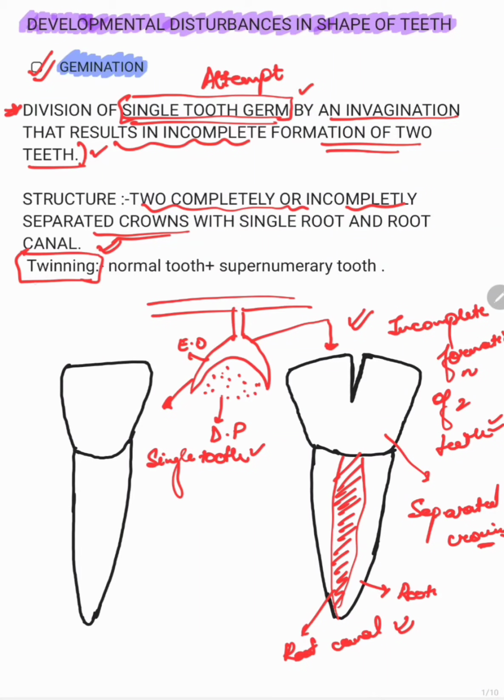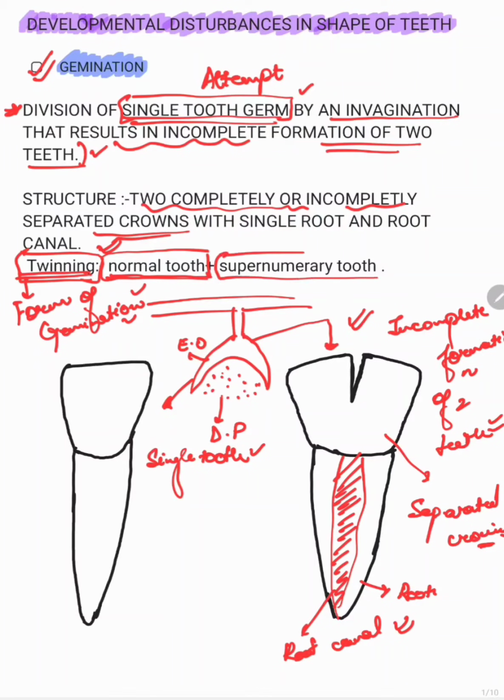Now the term twinning. Twinning is basically a form of gemination in which, if we try to divide a geminated tooth, it results in a normal tooth and a supernumerary tooth which are equivalent in size.